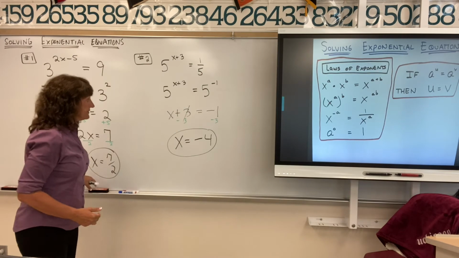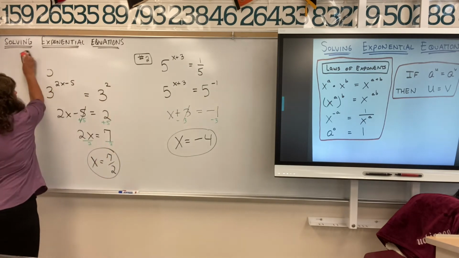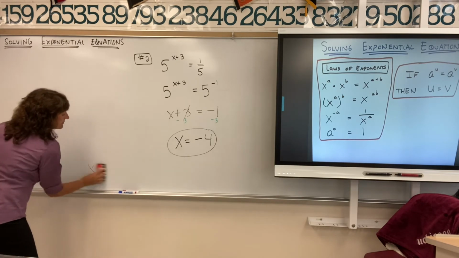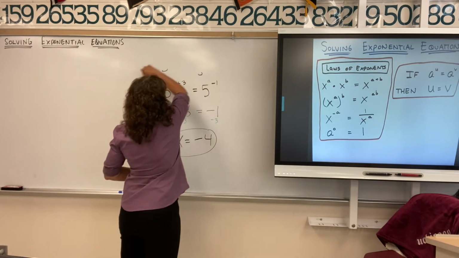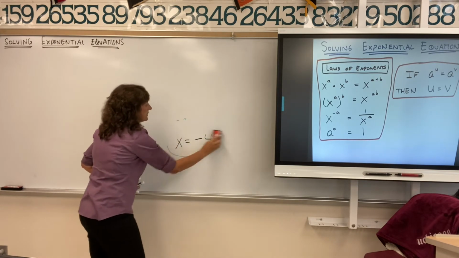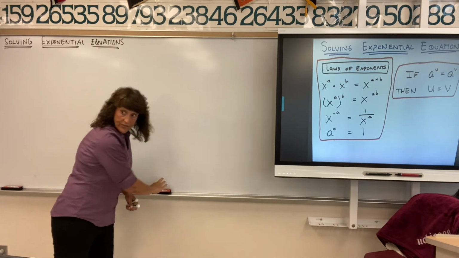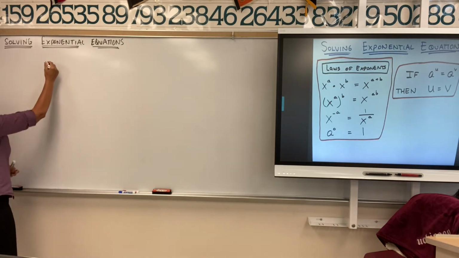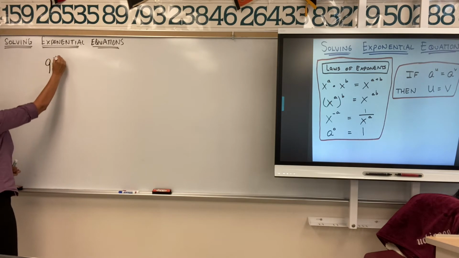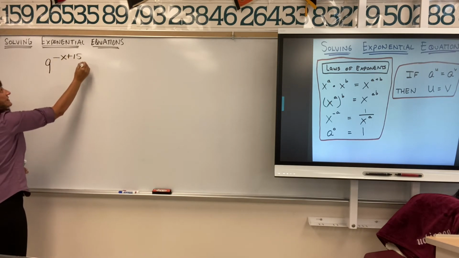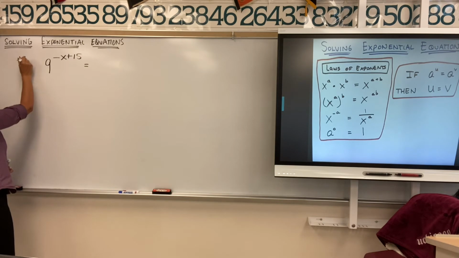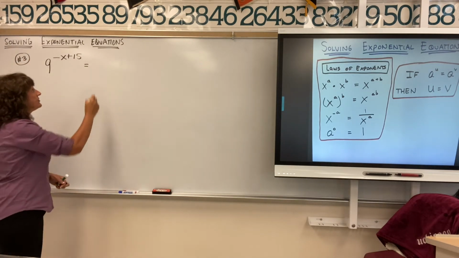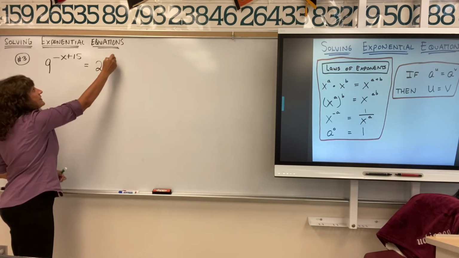Example number 3. Let me erase these. Example number 3: 9 raised to the negative x plus 15 on the left side is equal to 27 raised to the x power, so 27 to the x.